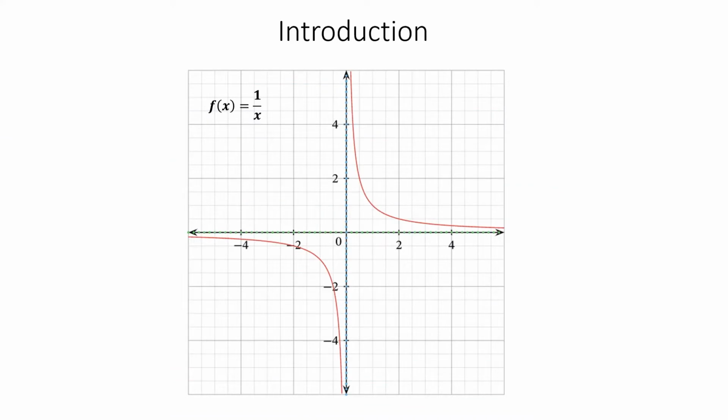Okay, so let's start with the main concept, asymptotes. In this graph for the function 1 over x, we have vertical and horizontal asymptotes. With the horizontal asymptote, as values of x increase, the value for f of x is approaching 0.